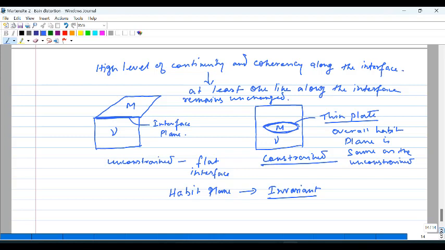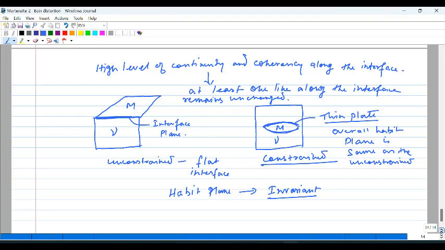So it requires that at least one line along the interface must remain unchanged. It should be undistorted and unrotated. The length should remain the same and it should not rotate. This is a must. This is a condition for the Martensite to form from the austenite phase.